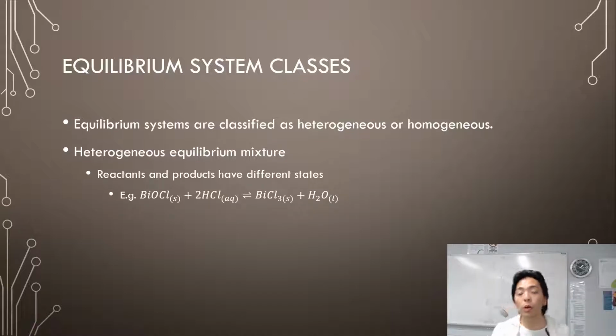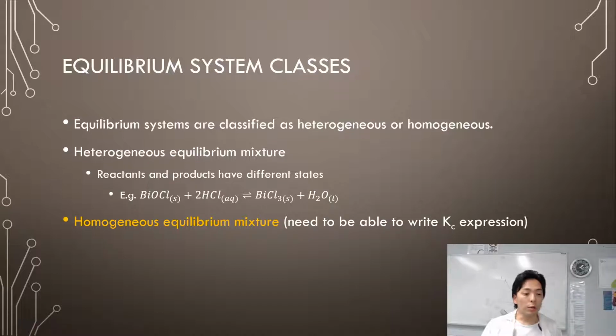For example, BiOCl, bismuth oxychloride, which is solid. If it's dissolved into HCl solution, hydrochloric acid solution, it becomes bismuth chloride, which is solid, and then water. So it's heterogeneous because the things involved have got solid, aqueous, solid, liquid, 3 different states.